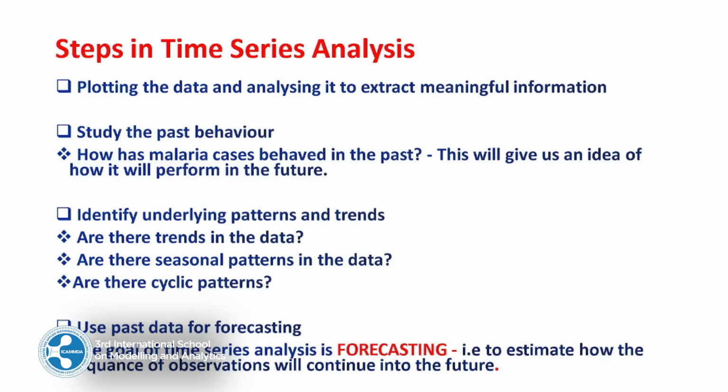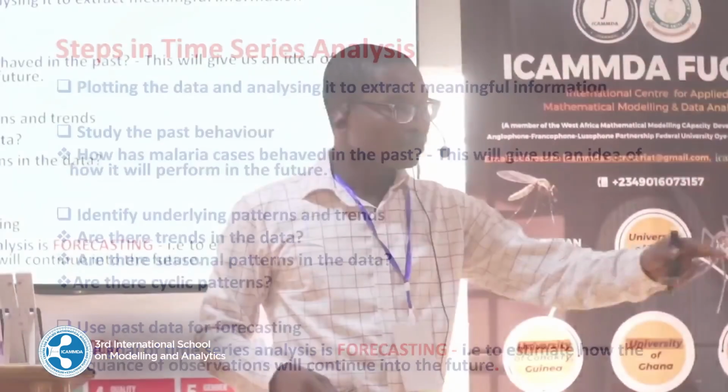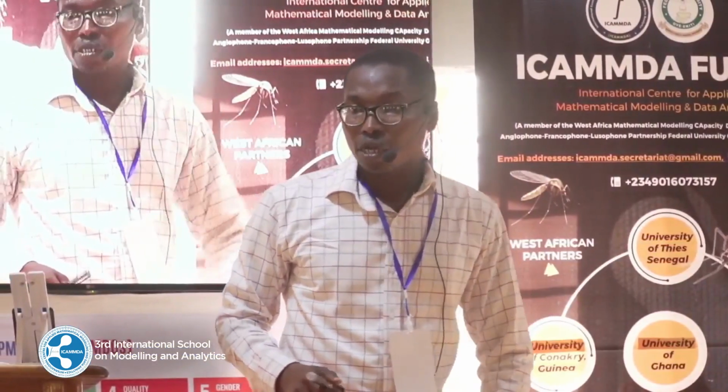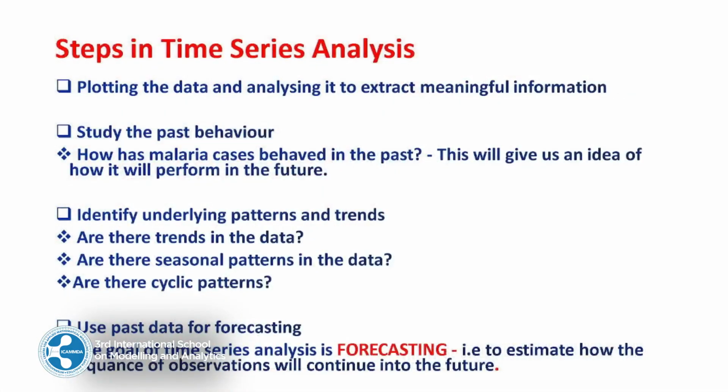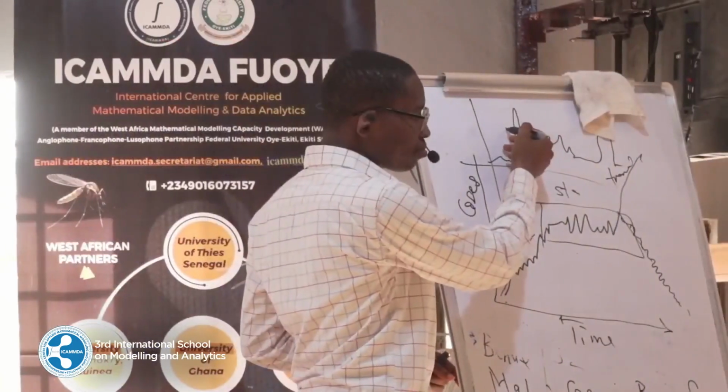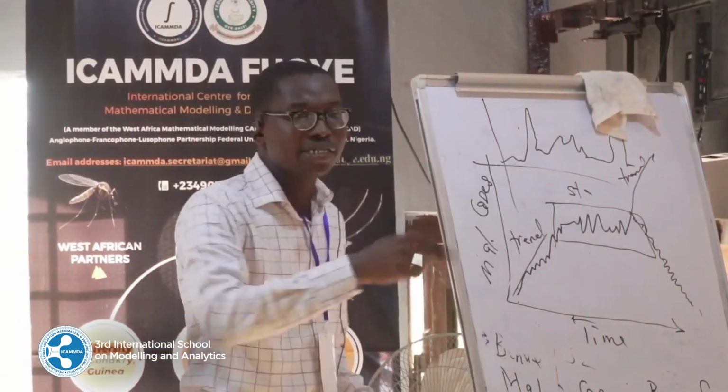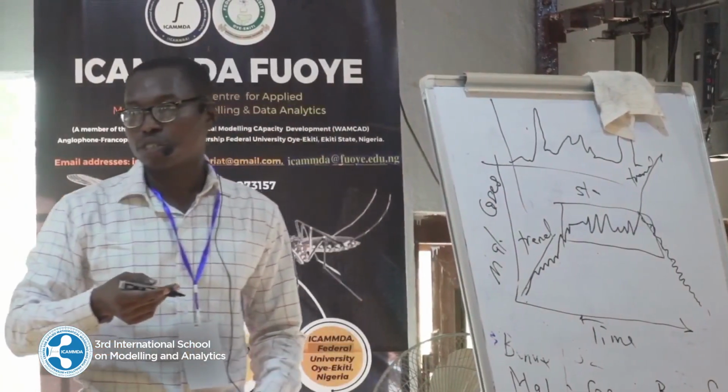What about cyclic? Okay, somebody has a question. What's the difference between seasonal patterns and cyclic patterns? Consistent but it's not regular, can be irregular, but we have peaks that are occurring, but maybe one peak can happen in say January this year, and then next year it is in March.